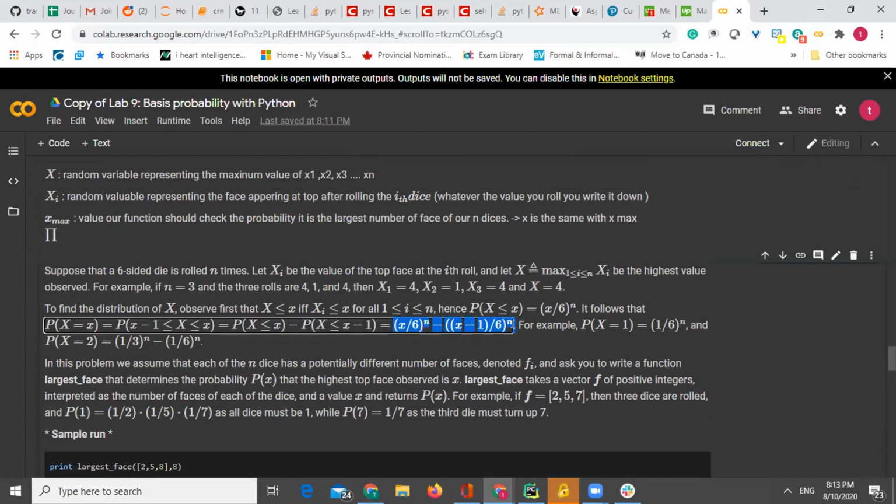Just that in this case, they assume that our Ki is a constant. It's always 6 spaces. Oh, I see. So it's not necessarily 6 spaces. It could be a lot of different spaces. Yeah. So why is the value of the list they gave us different? Each value is the number of faces of each dice. Okay.